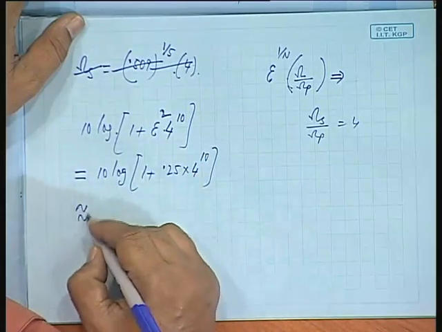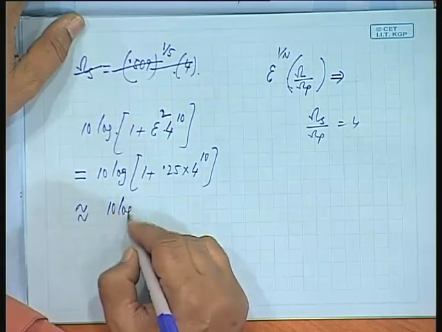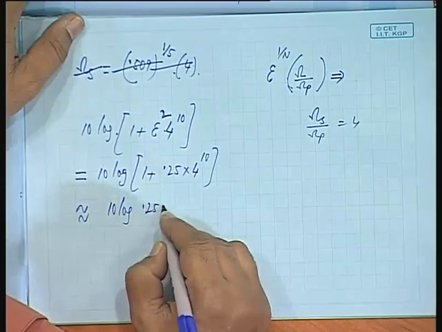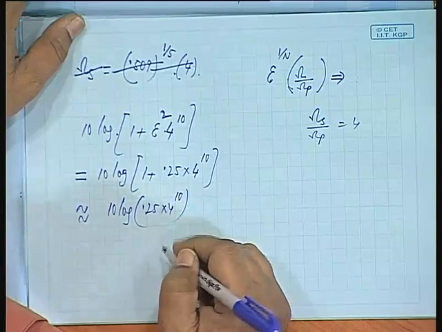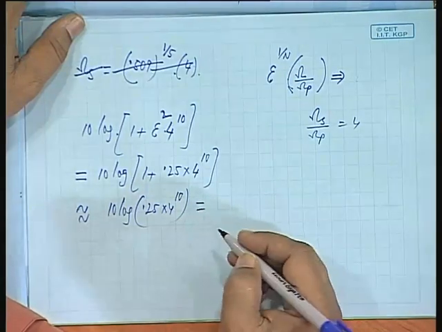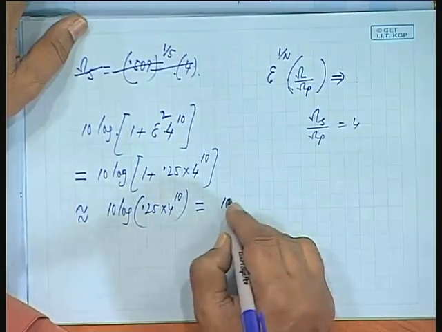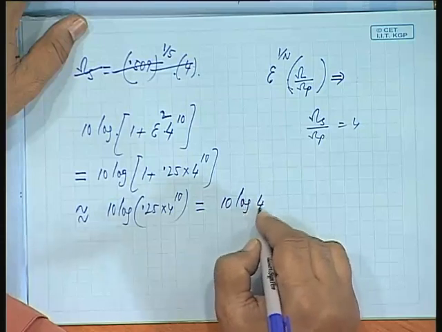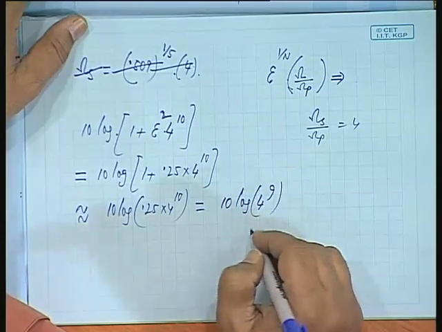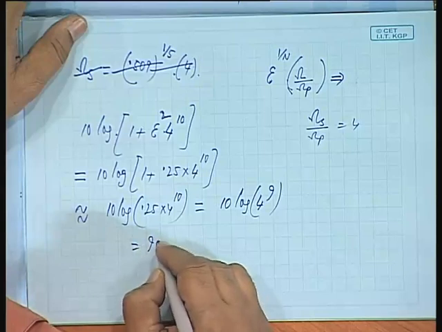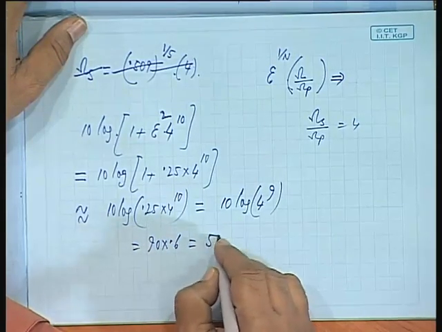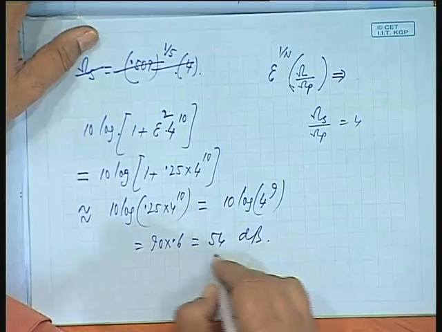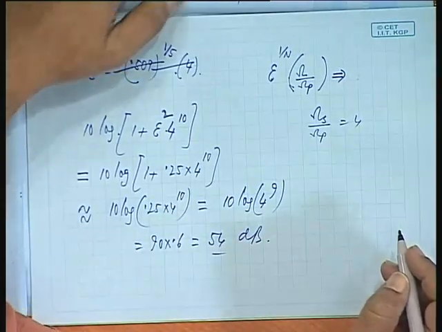So, that is approximately equal to 10 log 0.25 into 4 to the power 10. So, I can write 10 into log of 4 to the power 9. So, 90 log 4 is 0.6. So, approximately 54 dB.